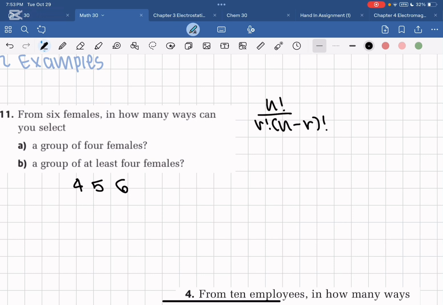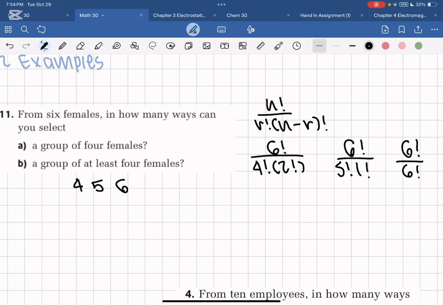So we've got 6 factorial over 4 factorial times 2 factorial. I'll just do the math of this section really quickly. If you don't understand, you can just ask me about it later. Then we've got 6 factorial over 5 factorial times 1 factorial, and 6 factorial over 6 factorial times 0 factorial.